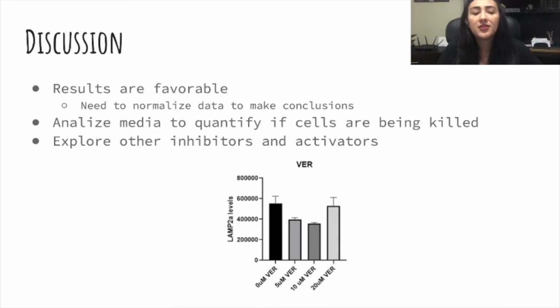We can also look forward to analyzing the media to quantify if cells are being killed. The media is just where we feed and grow cells, and we want to analyze it for one reason.